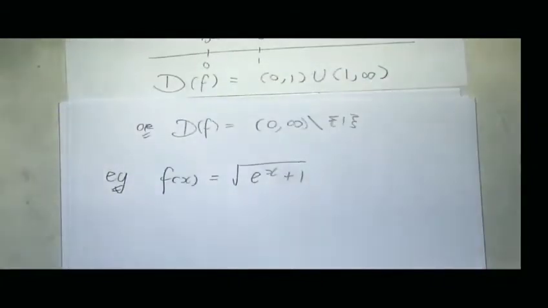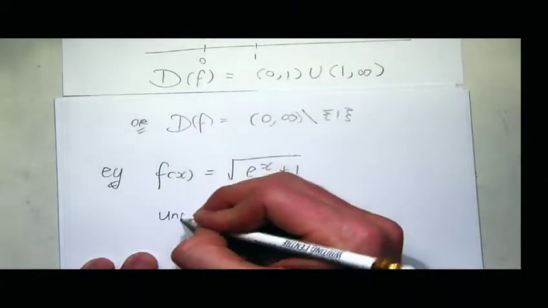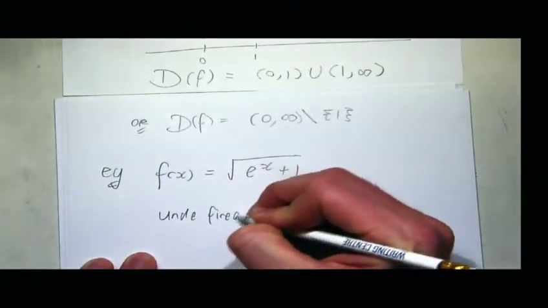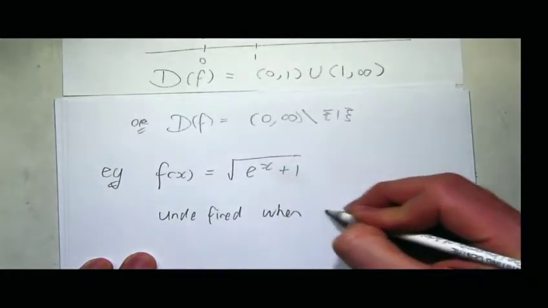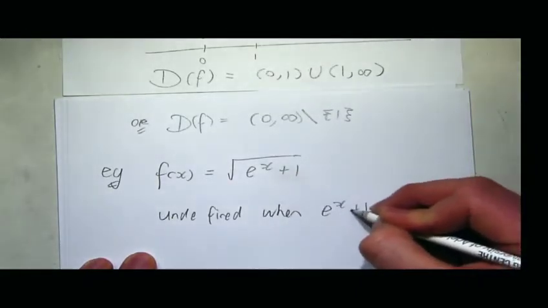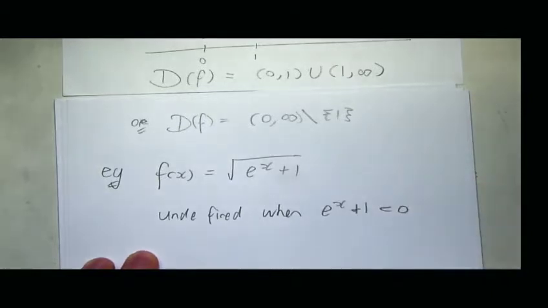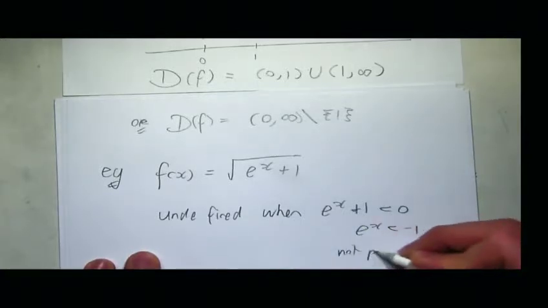Let me do that one. So it's undefined when e to the x plus 1 is negative, which would mean e to the x would have to be less than minus 1, which is impossible, right? Not possible.